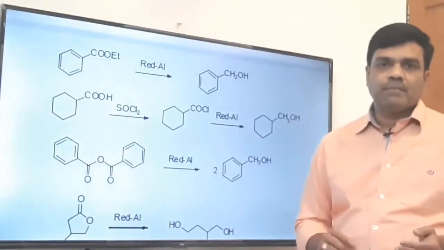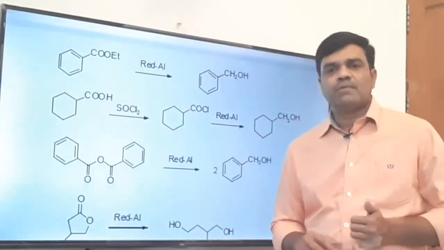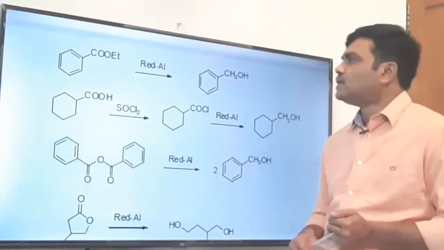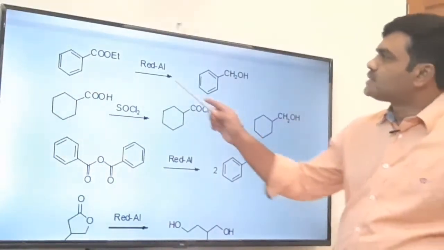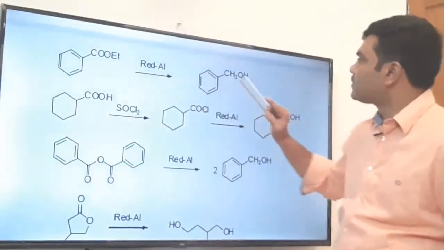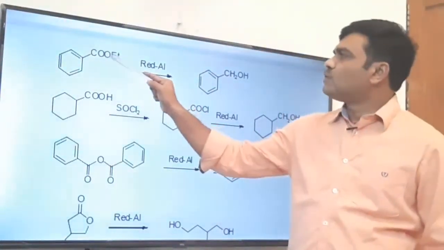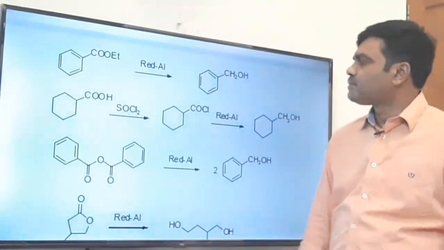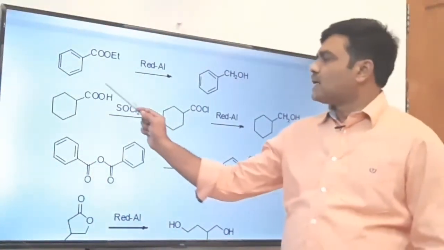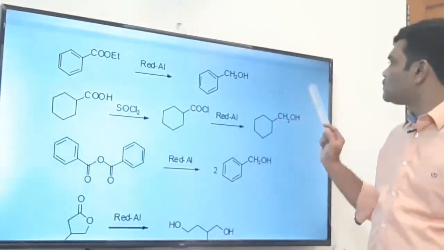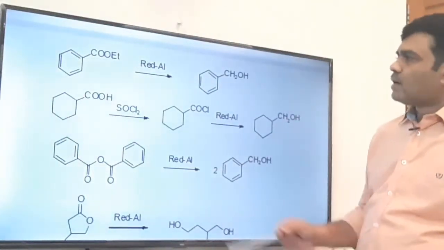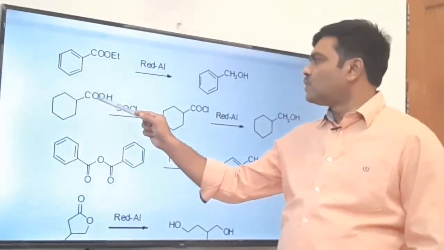Let us see other examples of reduction. Now see, ester on reaction with this particular reagent is converted into primary alcohol. It is the same case as that of lithium aluminum hydride. Acid is converted to primary alcohol. It is again the same. See the steps of the reaction here.